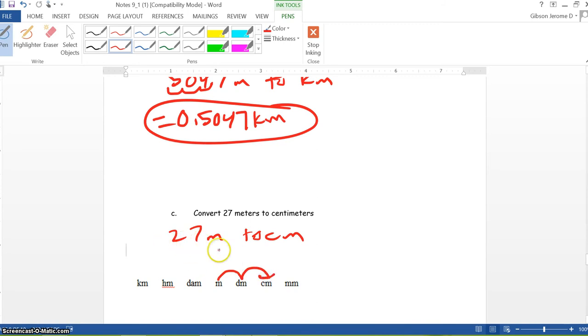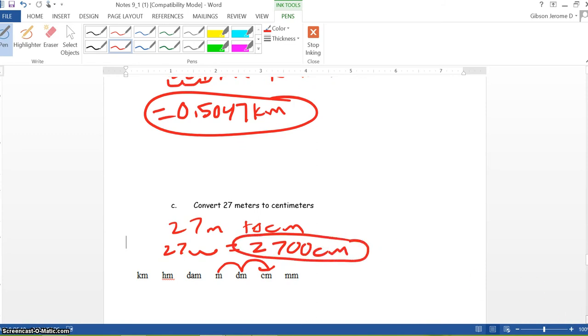That means we will move our decimal 2 places to the right. And remember, when you don't see a decimal, it's always assumed to be a decimal at the end of the number. So we would take 27, move the decimal 2 places to the right, and that will give us 2,700 centimeters. And that is the final answer.